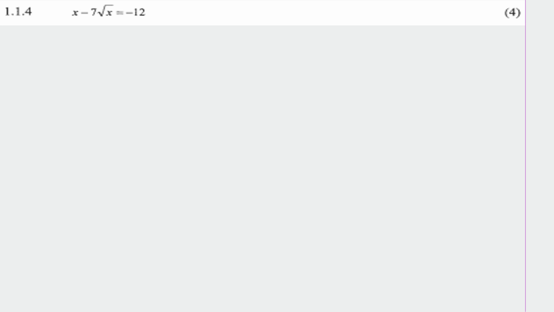This next question is still under solve for x. We have x minus 7 square root x is equal to negative 12. Every time x is inside the square root, what do we want to do? We want to square.